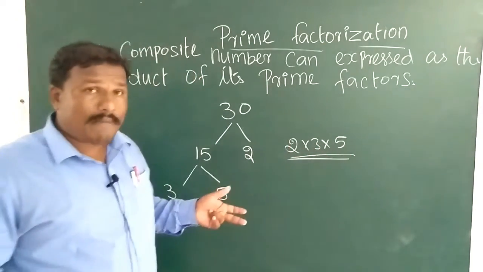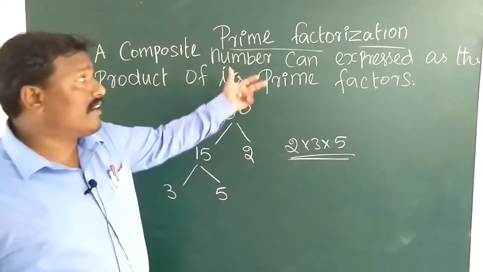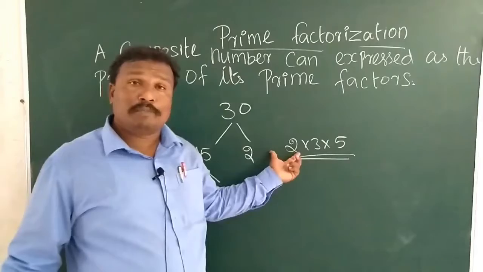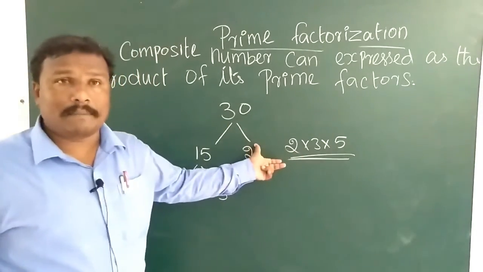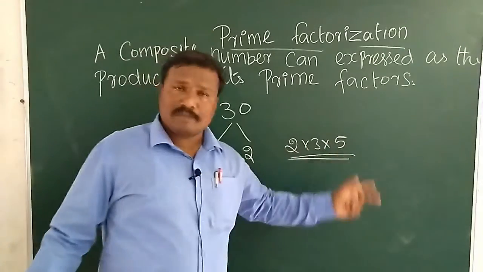When we write this kind of expressed form of a number, we can say it's a prime factorization. But the factors should be prime numbers, not composite numbers. If you see, 2 is a prime number, 3 is a prime number, 5 is also a prime number.